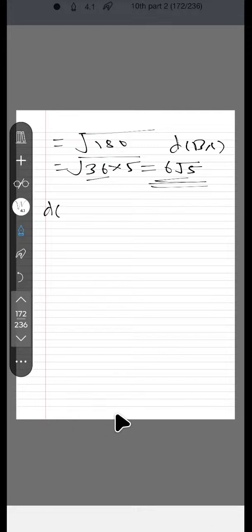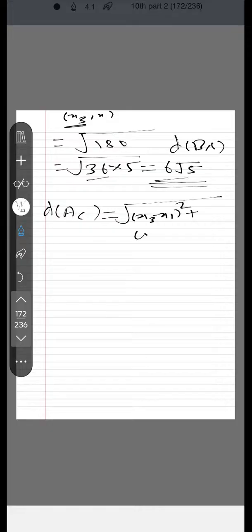Okay, now d of A comma C. Now what is d of A comma C? We will try to find out. Simply, if you observe x3 and x1, who is bigger? x3 is bigger. So x3 minus x1 square plus y3 minus y1 square, which is equal to the square root of x3. What is the x3 value?